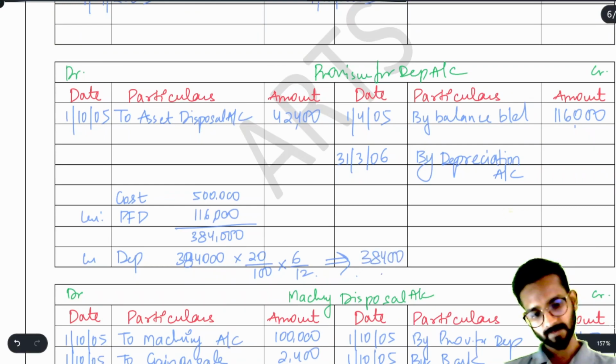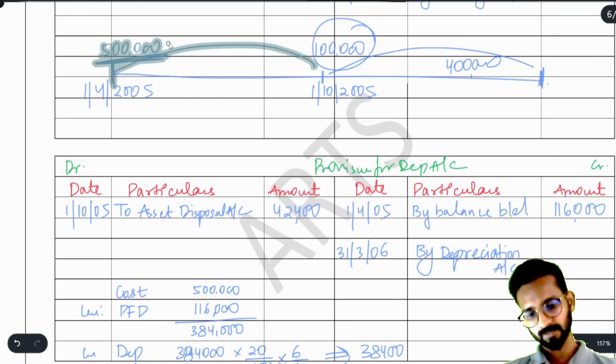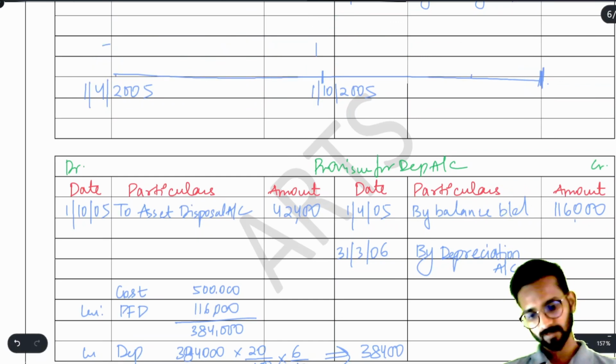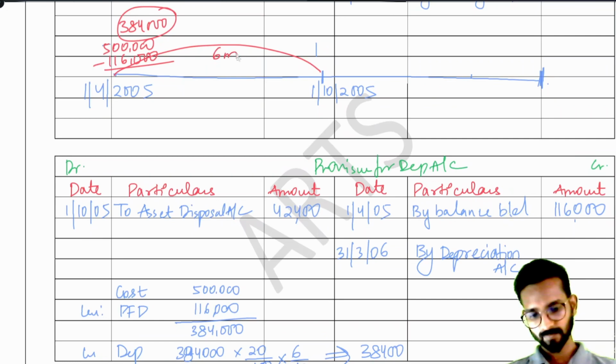Now understand this. The value was 5 lakh minus 1,16,000. The value was 3,84,000. This 3,84,000 I used for 6 months. For using 6 months, the depreciation was 38,400.